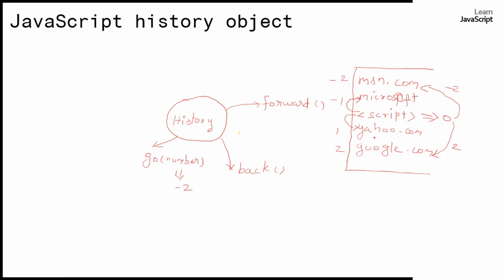Then we used the go function to jump to Google and MSN by providing positive and negative numbers in the input box. Internally in the JavaScript we take that number, then we pass it to the go function.